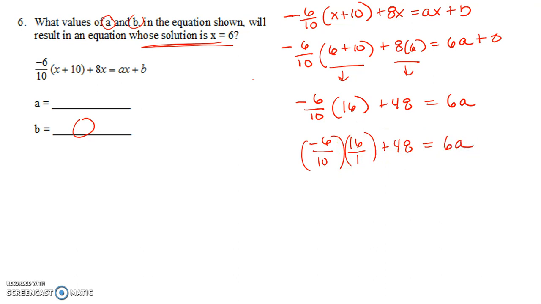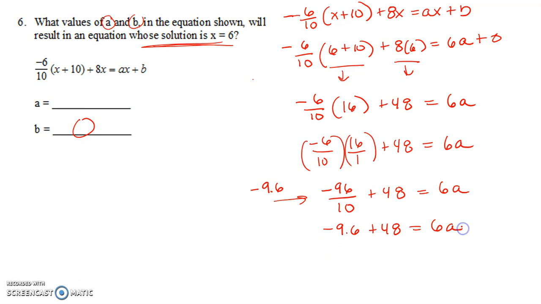This is going to give us negative 96 over 10. I would change this to negative 9.6, which is much easier to solve. I don't always advise it, but in this case, I highly advise it. So now we're going to get negative 38.4. I'm sorry, positive. Divided by 6 on both sides, and you'll get that A equals, I believe, 6.4.